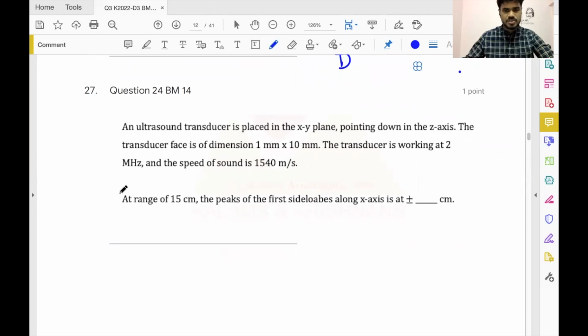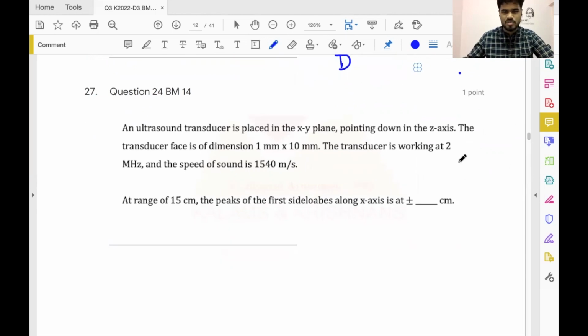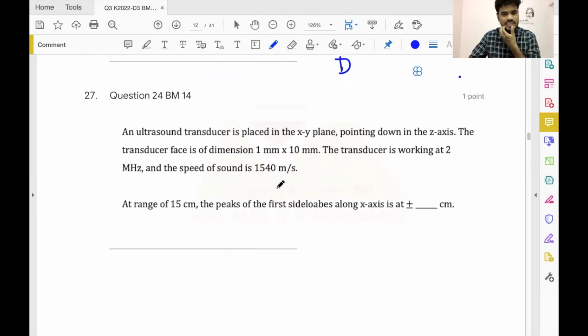Okay, ultrasound transducer based problems. These are some of the problems we did yesterday, right? Let's quickly do that. Side lobes, this lobe, and all that. The same thing again: our Z is greater than d squared by lambda, so we are working in the far field. You can check dx, dy.